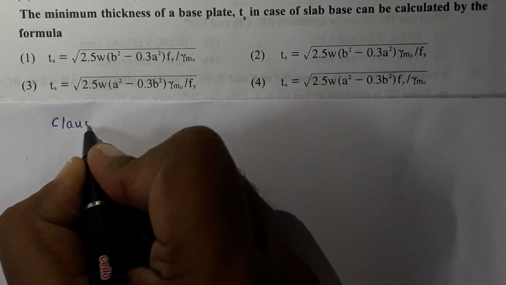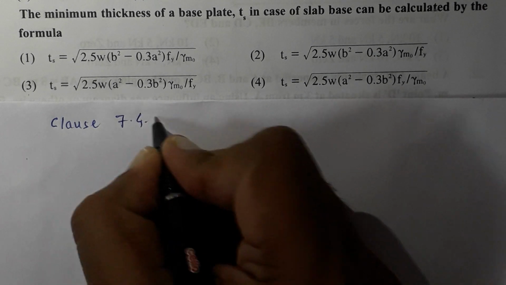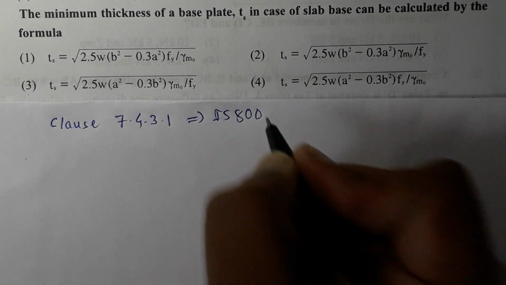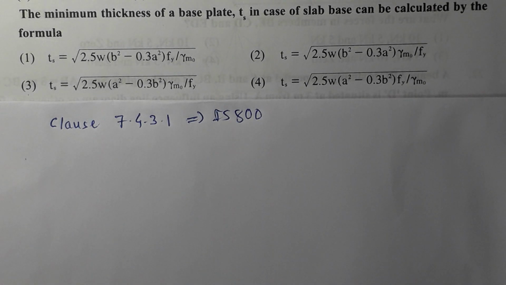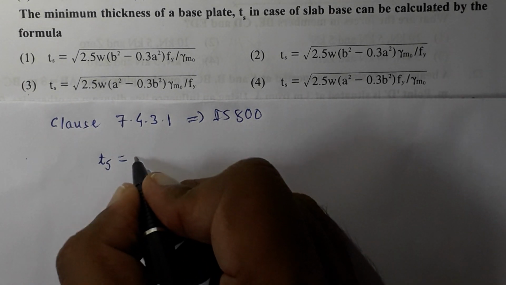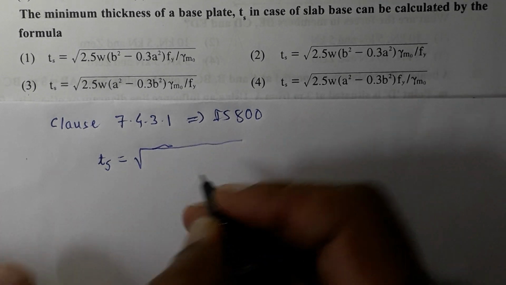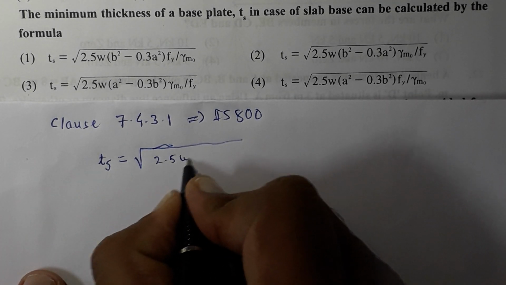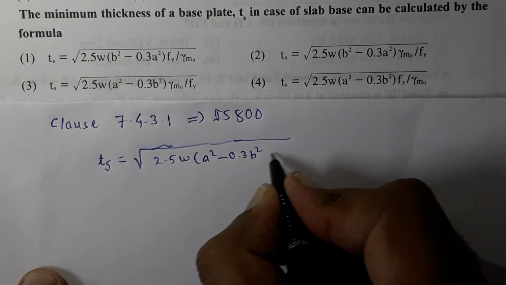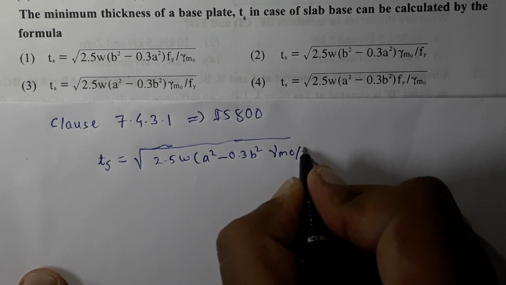So clause number 7.4.3.1 of IS 800 states that the minimum thickness TS of rectangular slab bases supporting columns under axial compression shall be, the formula is given in the IS code itself, TS is equal to root of 2.5 times W A square minus 0.3 times B square, gamma MO divided by Fy.